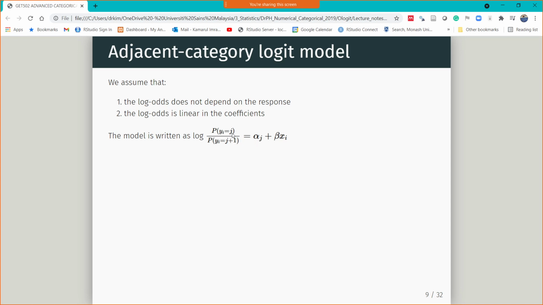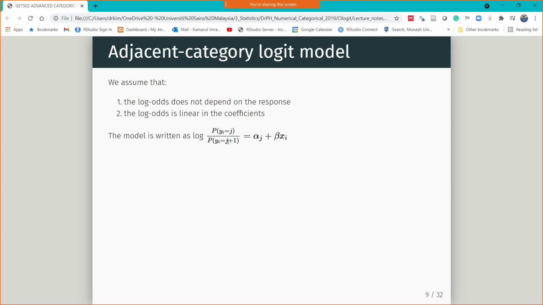If it is 2, then 2 plus 1, so 2 versus 3, this one is the intercept for logit 2. But again, that depends on the software. This is the one that you can find from the Hosmer-Lemeshow book.